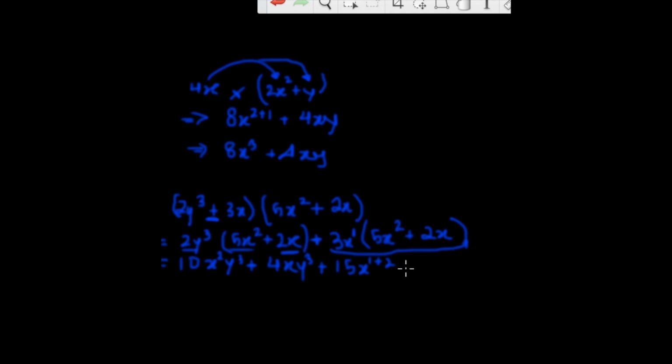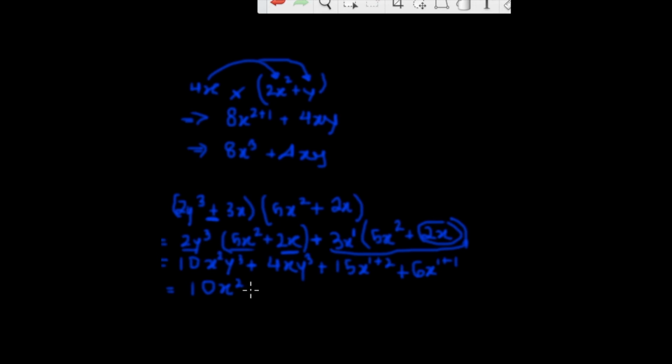And then the same for the next term, 3x times 2x. That would be 3 times 2, which is 6. And then you add the exponents of the variable, so x to the 1 plus 1.